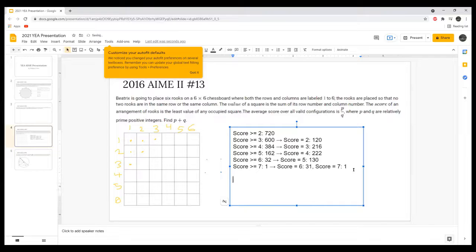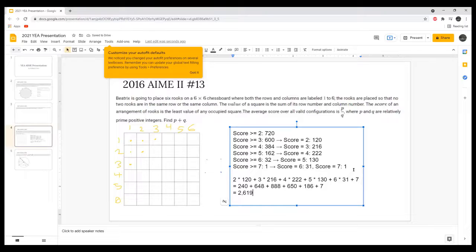All right, so let's see. 2 times 120 plus 3 times 260 plus 4 times 222 plus 5 times 130 plus 6 times 31 plus 7 equals 240 plus 648 plus 888 plus 650 plus 186 plus 7. And that equals, well, this is actually not very easy to add. I'm going to tell you that. I believe it adds up to 2,619.